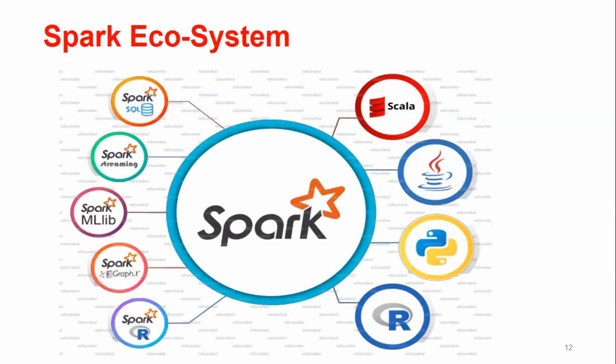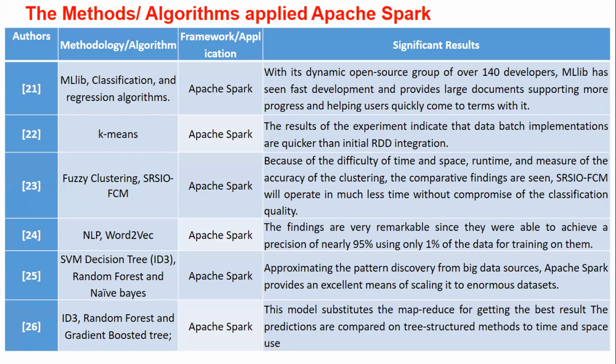The Spark ecosystem supports different languages: Scala, Java, Python, and R. So this is one of the flexibilities of Spark. It is not implemented only in Java programming, but also in Python, Scala, and R. In this paper, we collect several papers; some of them are implemented in Spark, and some in both Spark and Mahout.